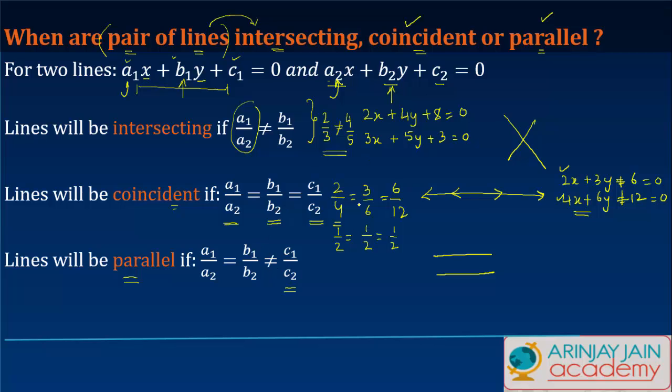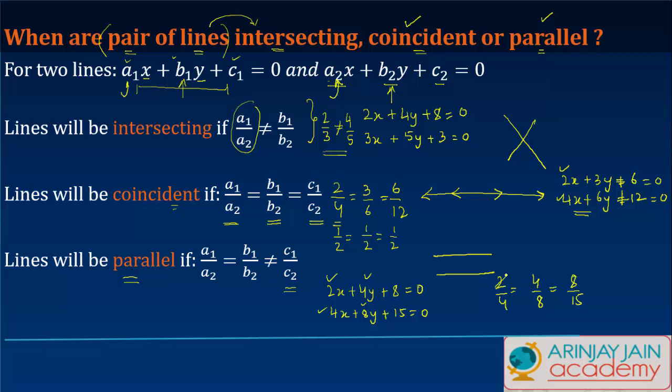On the other hand, for parallel lines, let's say I had the same equation, 2x plus 4y plus 8 is equal to 0, but here I have, for example, 4x plus 8y plus 15 is equal to 0. Again, a1 upon a2 is 2 by 4, b1 upon b2 is 4 by 8, and c1 upon c2 is 8 by 15.